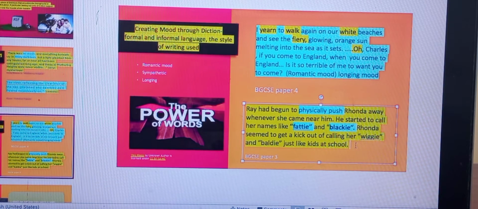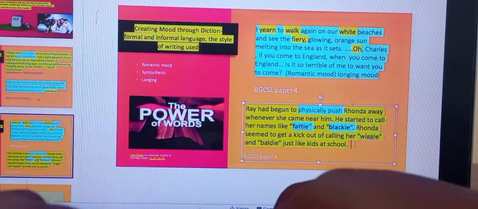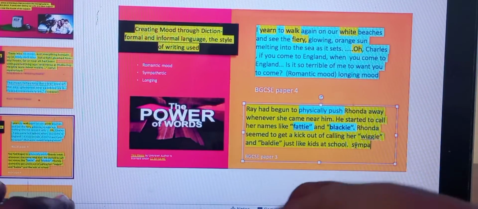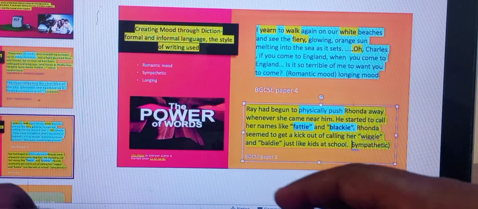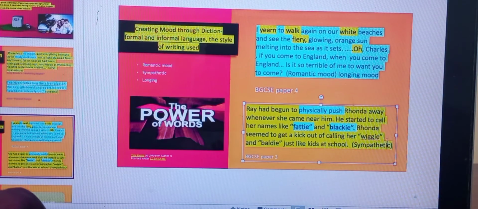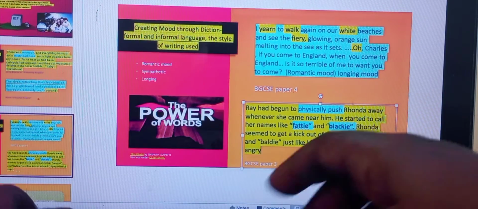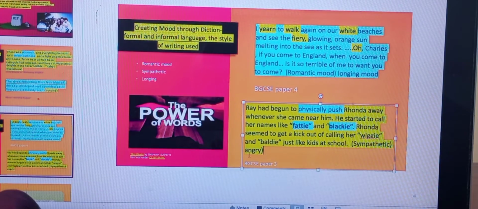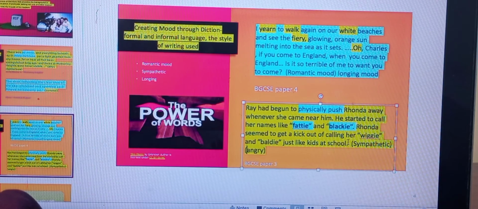So the words being used in this piece are making me feel sympathetic. It's even making me feel angry, because of how this young lady is being treated by her family members.